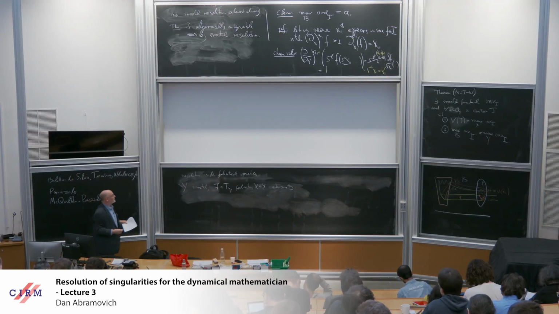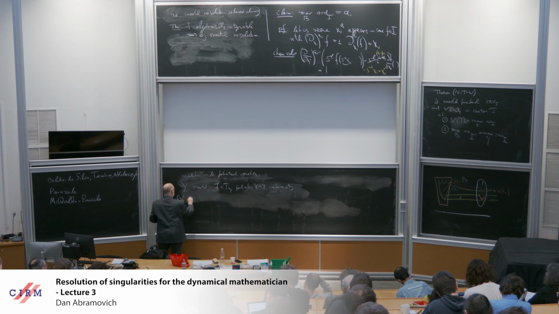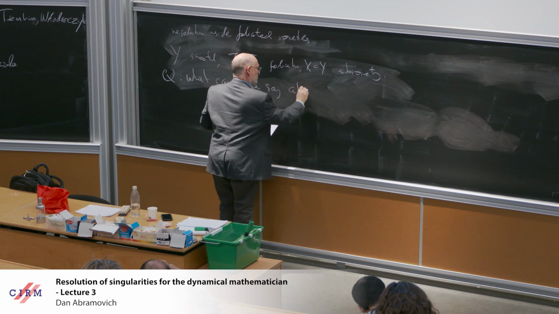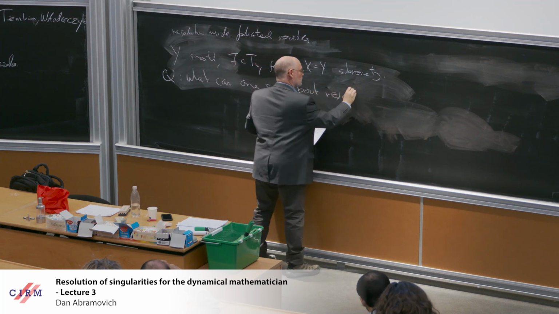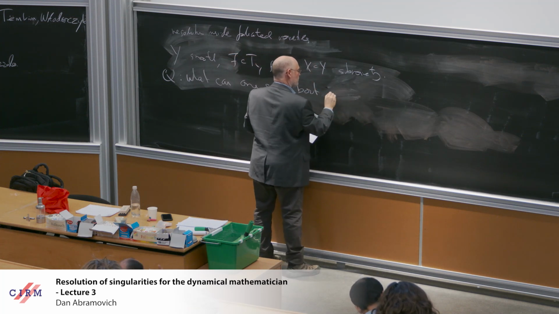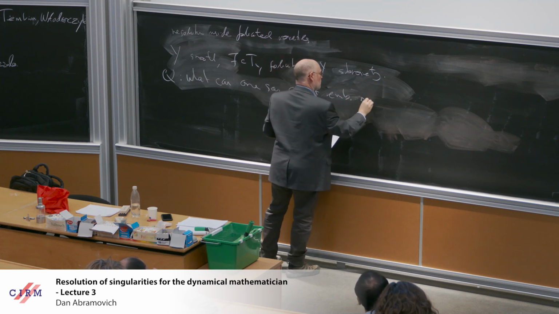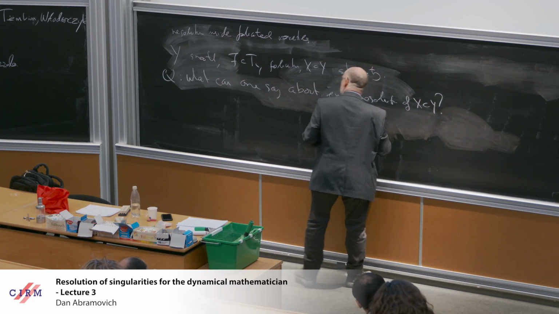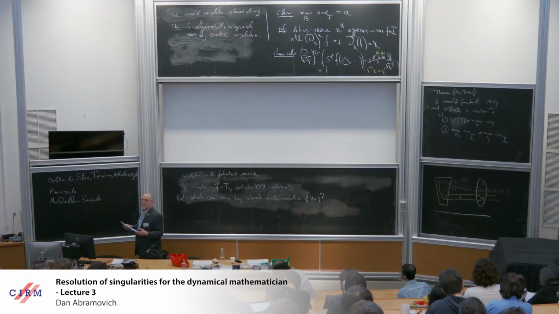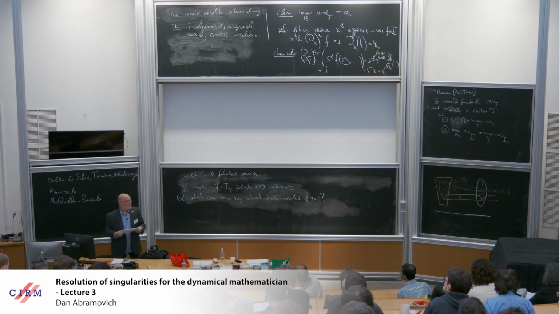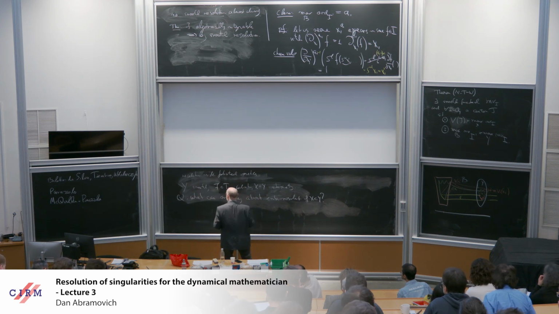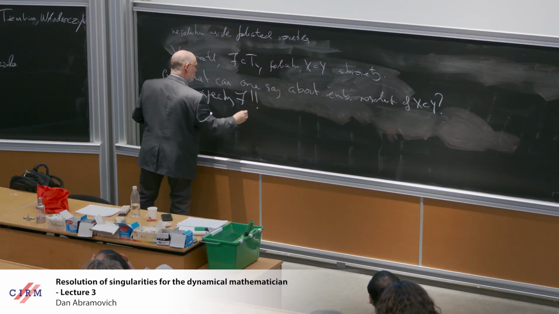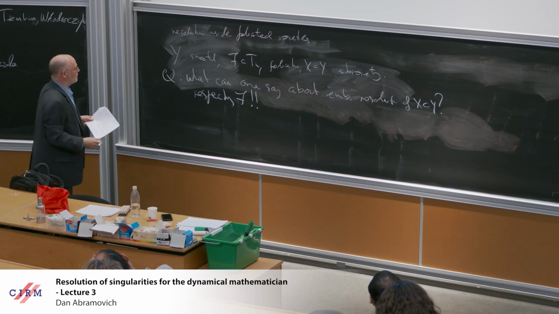And the question is, what can one say about resolution, embedded resolution of X in Y in a way that respects the foliation F? This is exclamation points, not factorials.